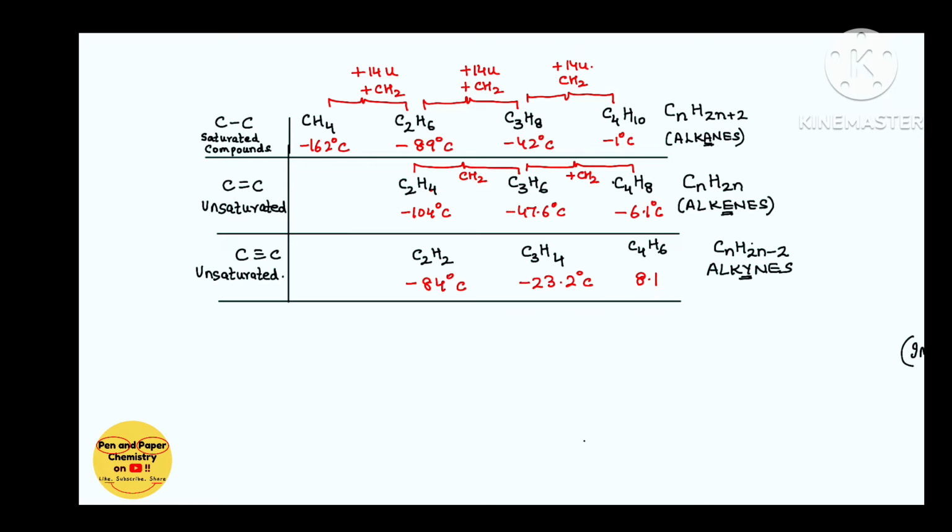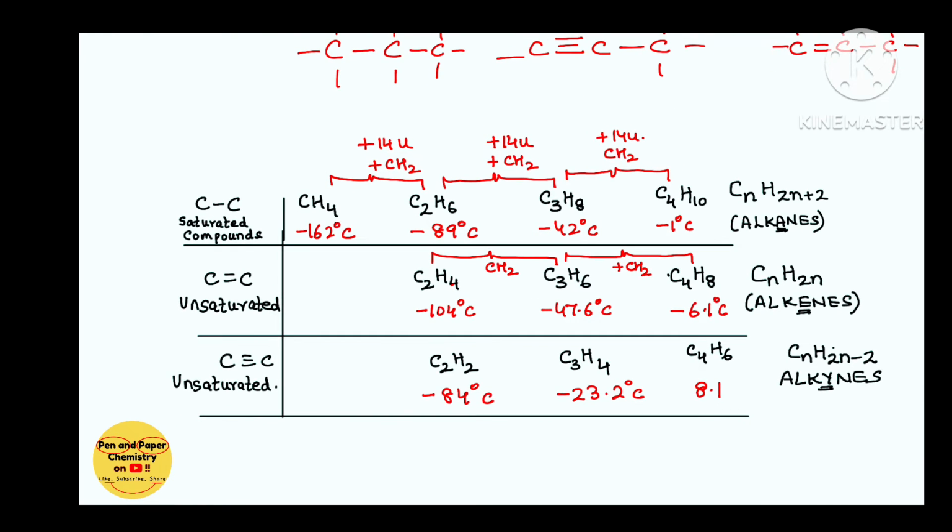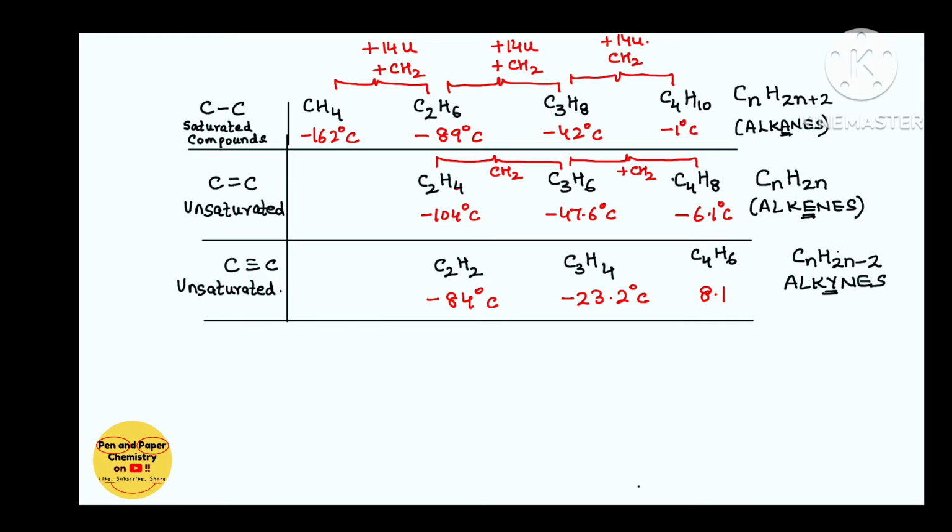Let's see the data for the alkane series. Look at the boiling point: minus 162 degrees Celsius. All of this data is in degrees Celsius, so I will not say the unit. So negative 162, negative 89, negative 42, negative 1. What is happening to the boiling point? Yes, it is increasing as you go up the series, as the number of carbon atoms increases, as the molar mass increases. Observe the second series.